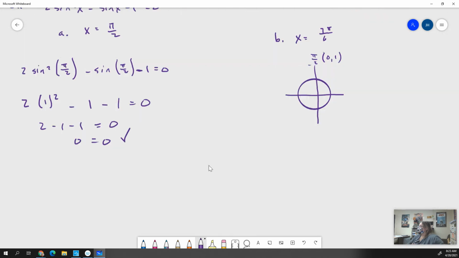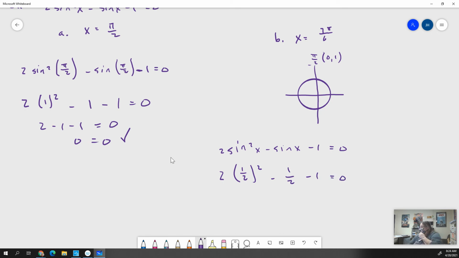If I'm doing 2 sine squared x minus sine of x minus 1 equals 0, what we're plugging in for sine squared of x is 1/2. So we've got 2 times 1/2 squared minus 1/2 minus 1 equals 0.